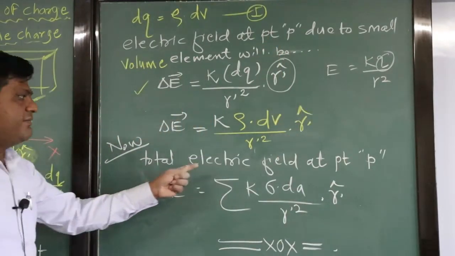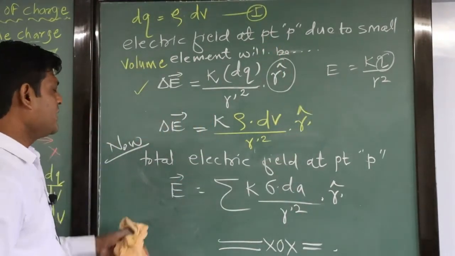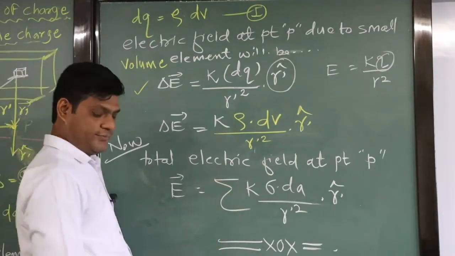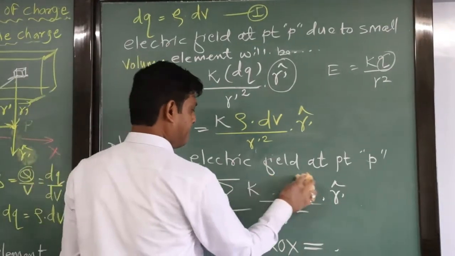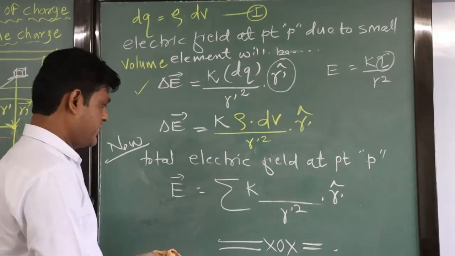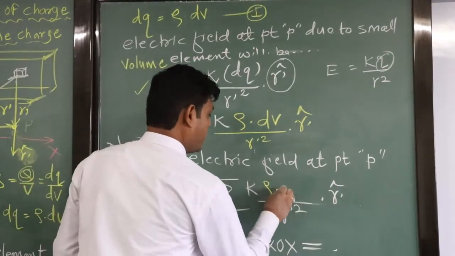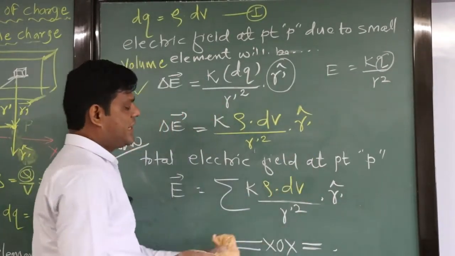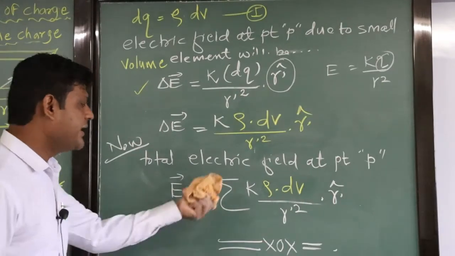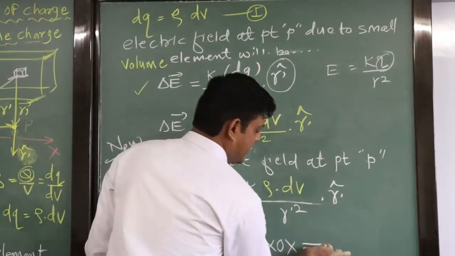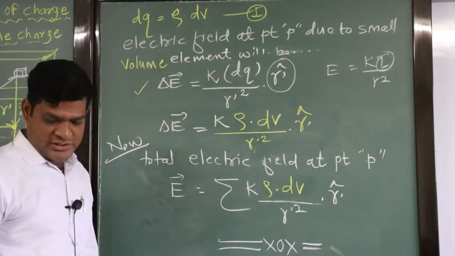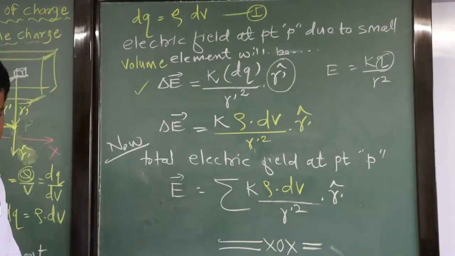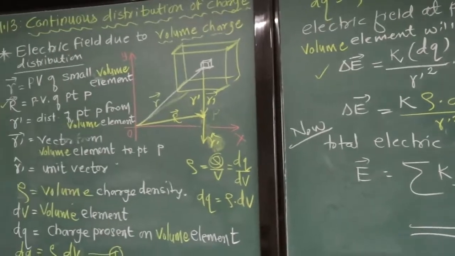So total electric field at point P will be E vector equal to K integral of rho dV divided by r dash square into r dash cap. This is the end of the question. Again, you just take the screenshot, right? And we will move towards the next topic.